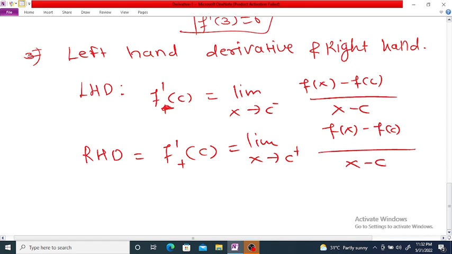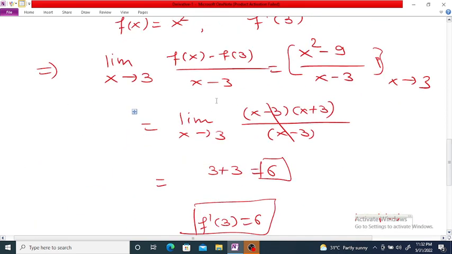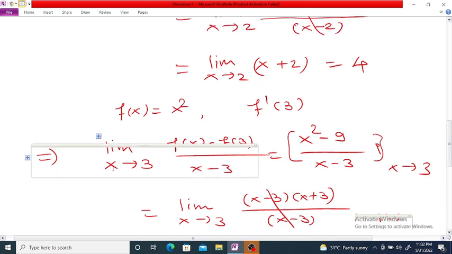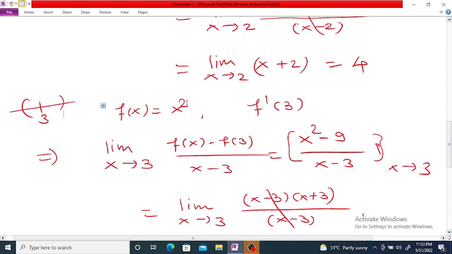Now when do we take a left hand derivative and right hand derivative? For example, in the previous examples, when x tends to 2 or 3, the neighborhood contains all positive points, so there is no need to take left hand and right hand derivatives.